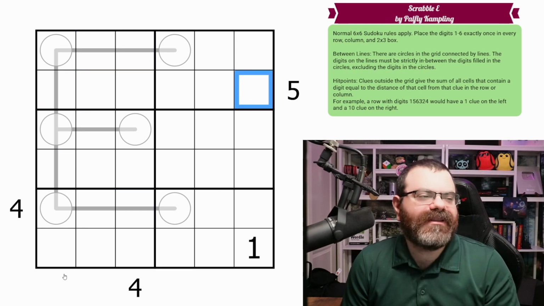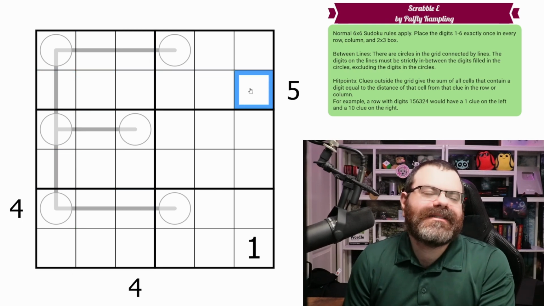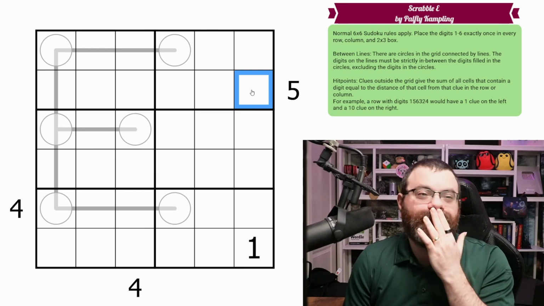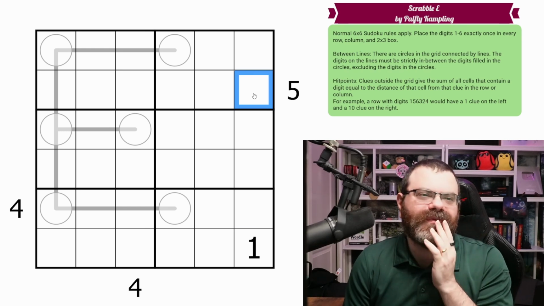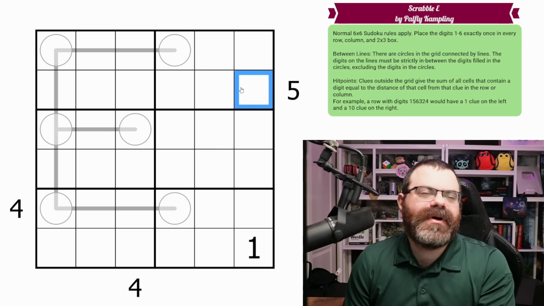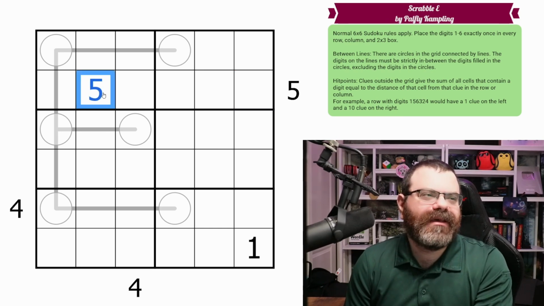I do think the 5 and the 4s are good places to start, because like I said, there's only 2 possibilities here. There's actually 3 possibilities, but this one removes one of them. So the possibilities are there's just a single 5 right here, which is the only one that matches, and then the rest of them don't.